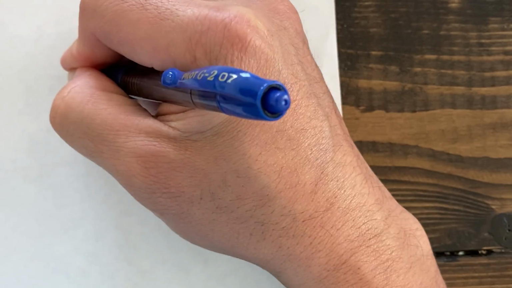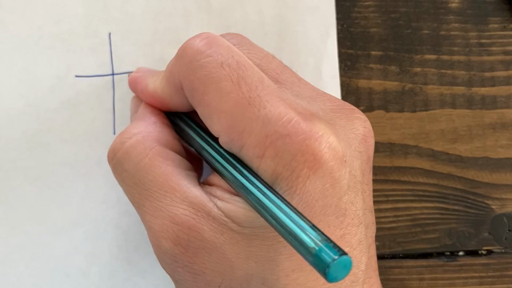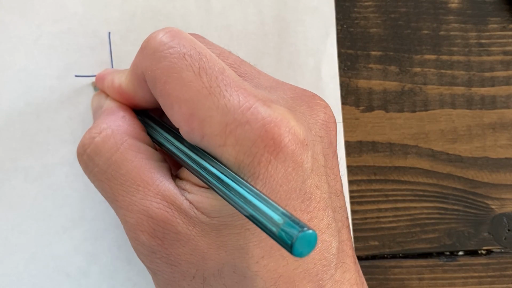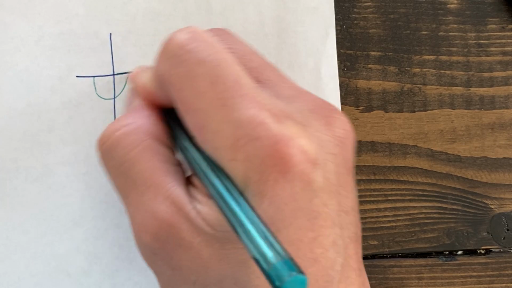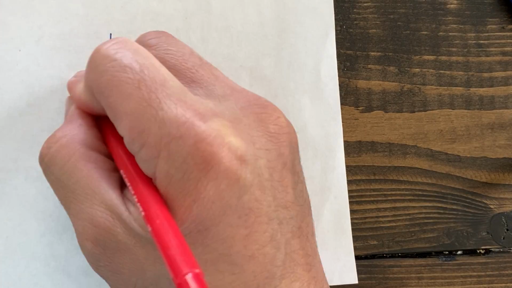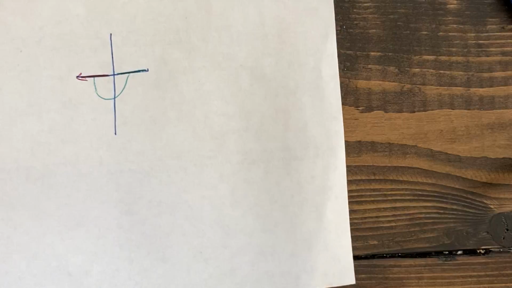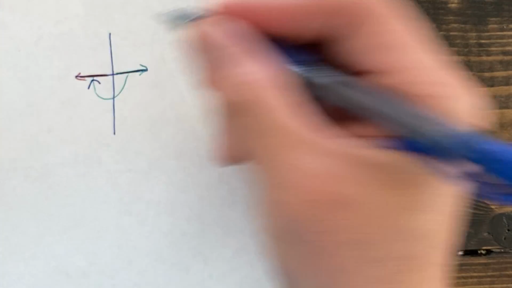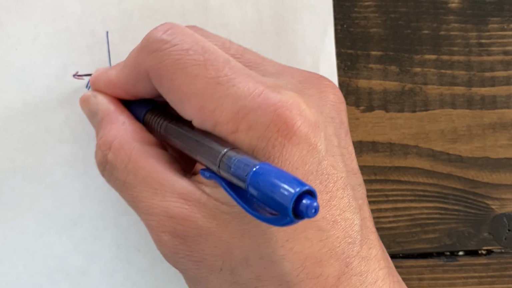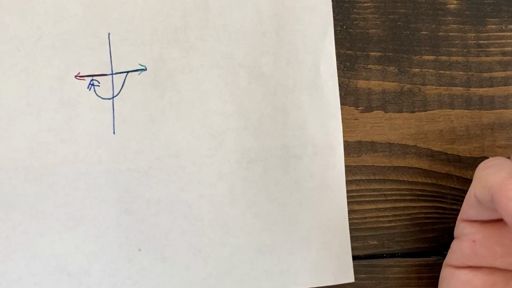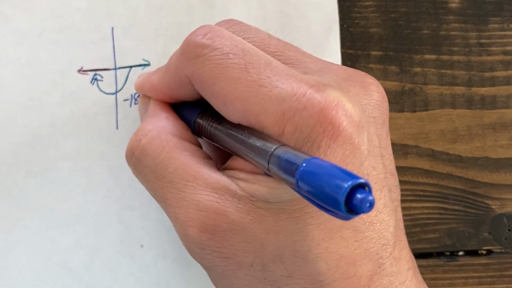And now let's say we go a half revolution, from the initial side to the terminal side. This is the terminal and this is the initial side, but the movement is going this way, so it's going to be negative 180 degrees, right?